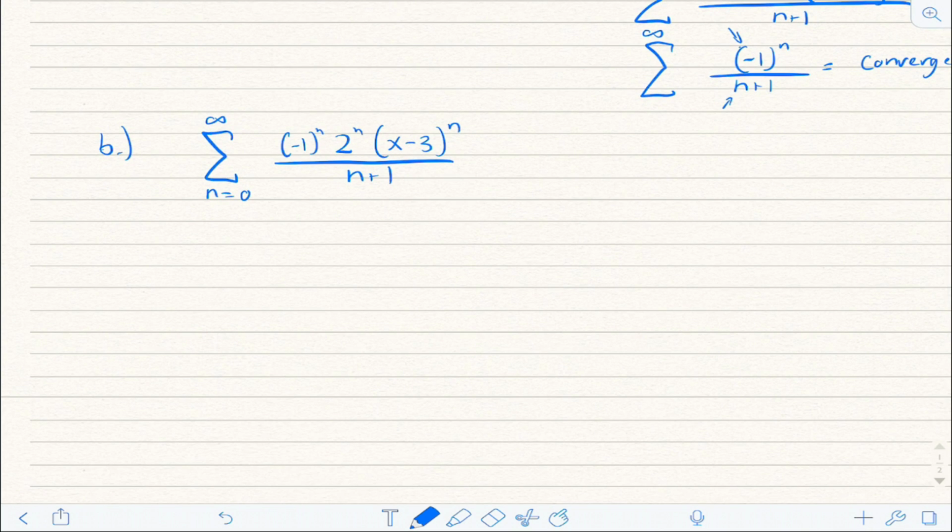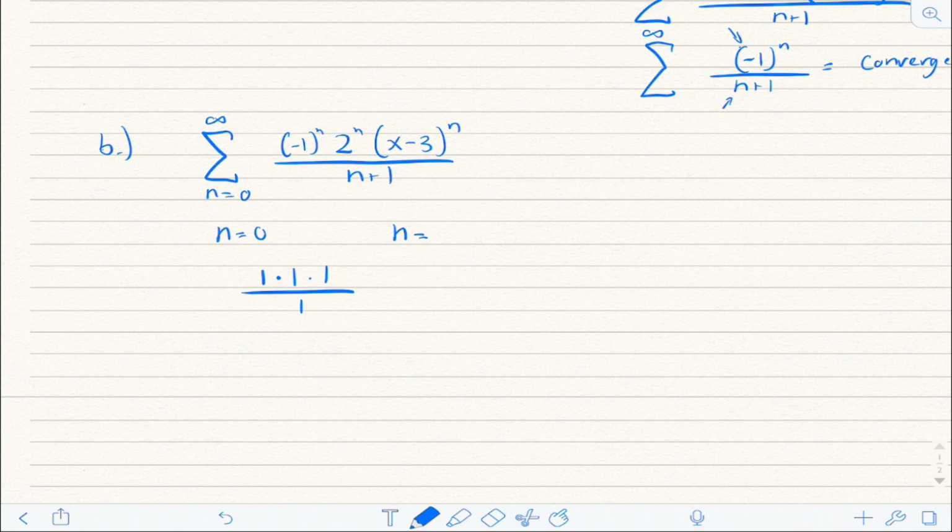Let's run through what each value would be. When n is equal to 0, the first value is just 1, because negative 1 to the 0 power is 1, times 2 to the 0, which is also 1, times 1 over 1. So this all evaluates to 1.